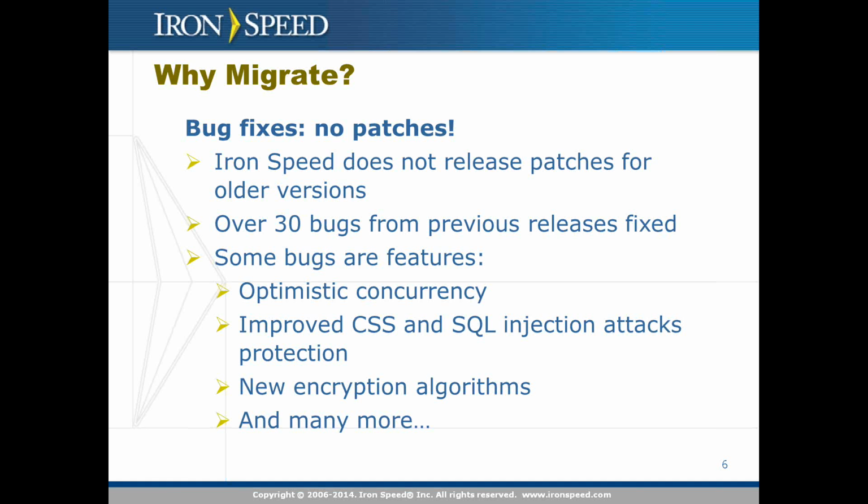Some of those bugs which were fixed are not really bugs, they are features, such as, for example, optimistic concurrency, which we implemented for inline functions. It was always the case for stored procedures, but now for inline code it's available as well. We improved cross-site scripting and SQL injection attack protection.